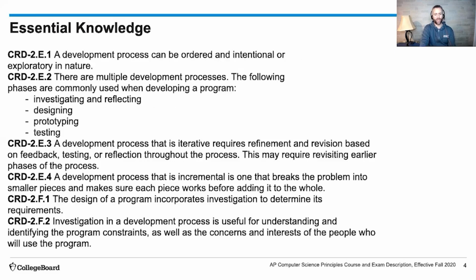So the essential knowledge that we hope you gain here is to understand a whole lot of things about the development process, about before we really start programming, and then talking about what we're doing while we're programming, and making sure that we understand some of the processes and procedures that need to be understood in order to develop a program.